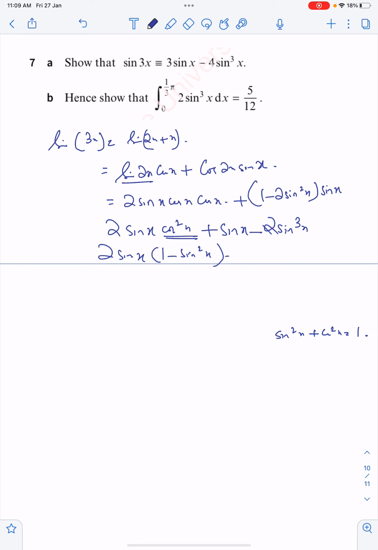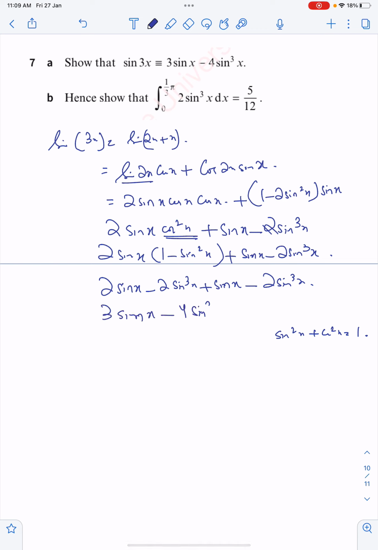Okay, I'm doing it correctly. Plus sine x minus 2 sine cube x. This will become 2 sine x minus 2 sine cube x plus sine x minus 2 sine cube x. This has become 3 sine x minus 4 sine cube x. Okay, so this is what we had to prove in the first part.